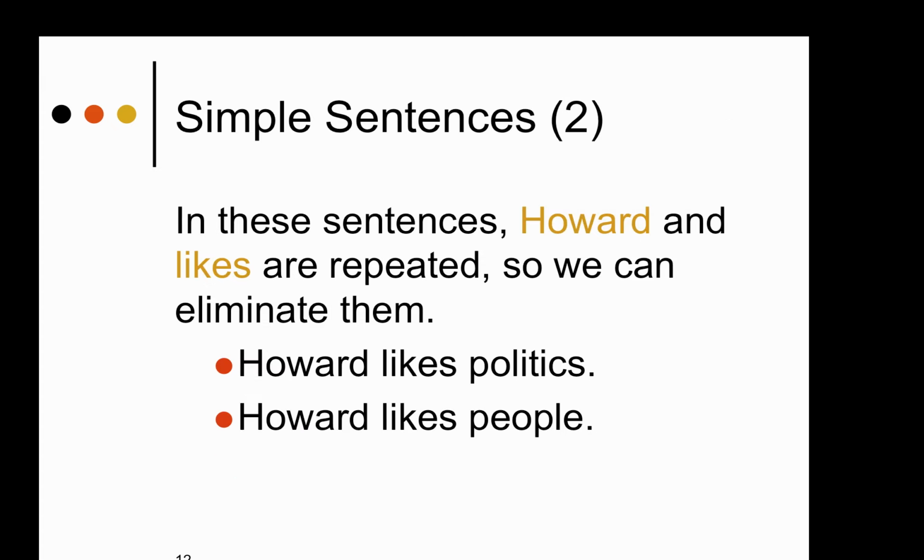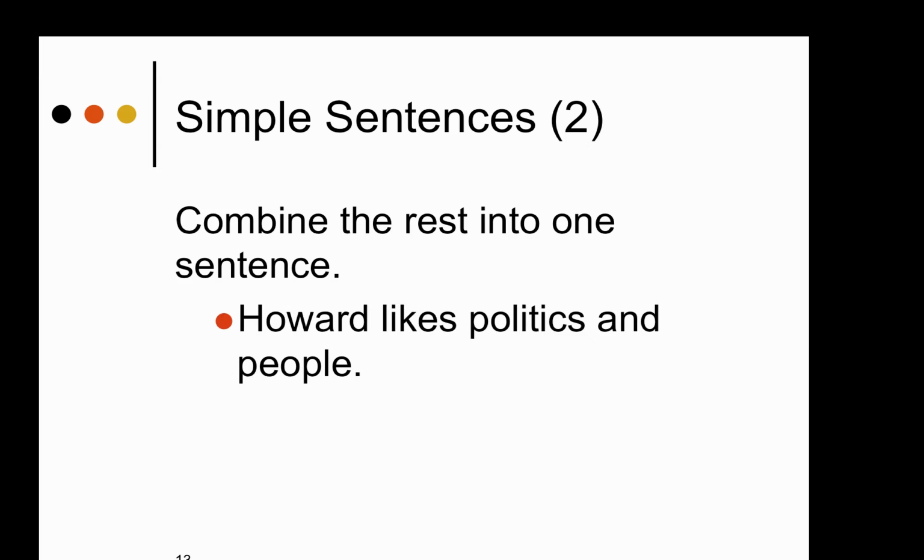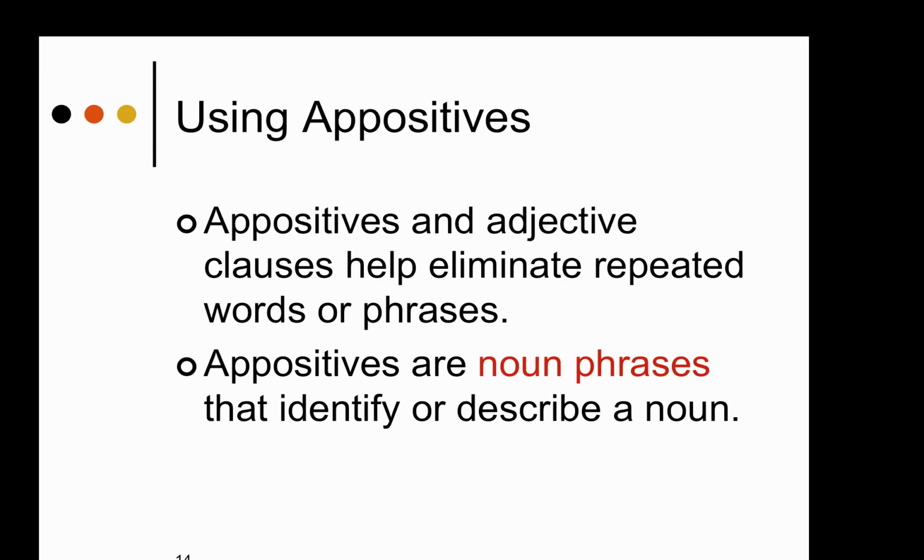So we go back to our sentence here, and we see that Howard and likes are repeated, so we can eliminate them. Then we can combine the rest into one sentence. So here we have a simple sentence. Howard likes politics and people.